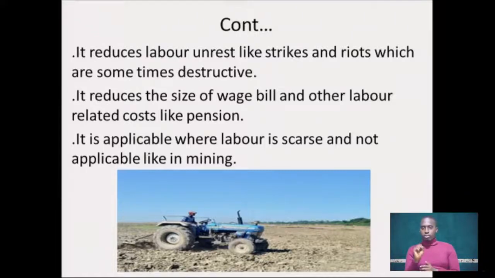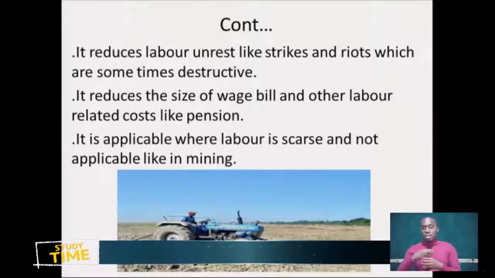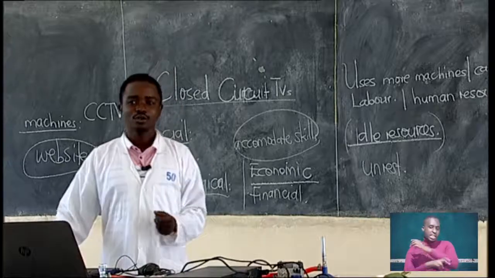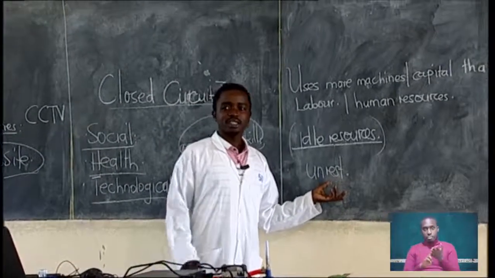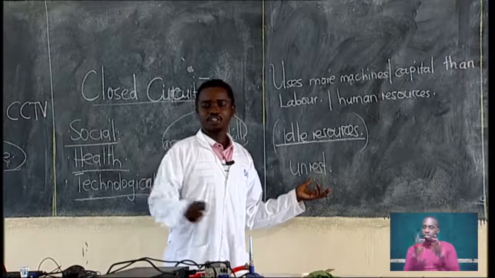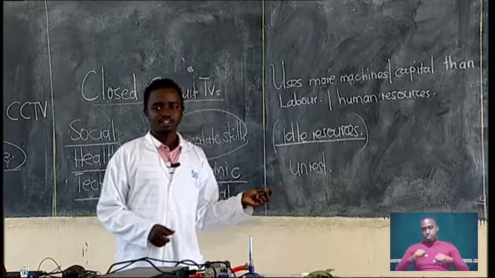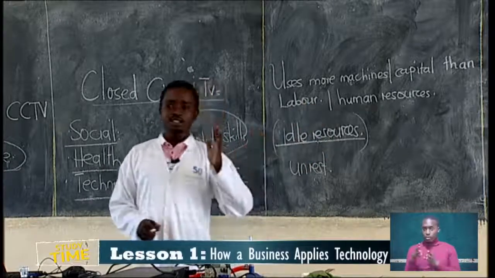But use of machines may not strike, while labor or human beings may go on strike, destroy your business, destroy property, steal. So with the use of capital-intensive technology or machines, that reduces labor unrest like strikes and riots, which are sometimes destructive. So use of capital-intensive technology is very important.